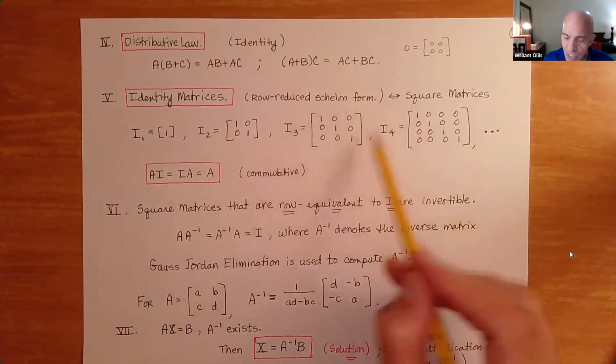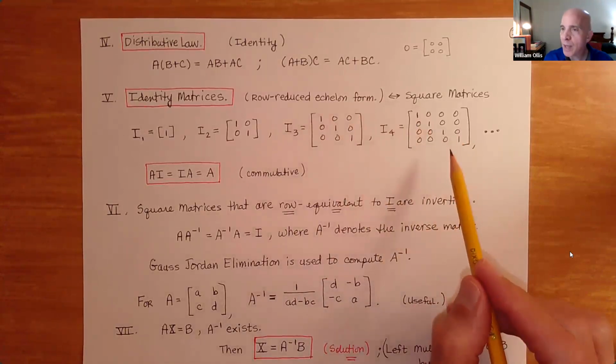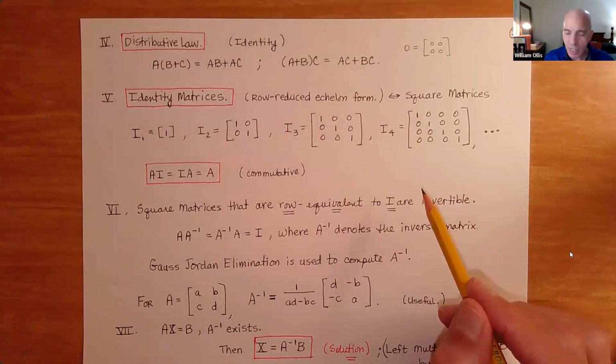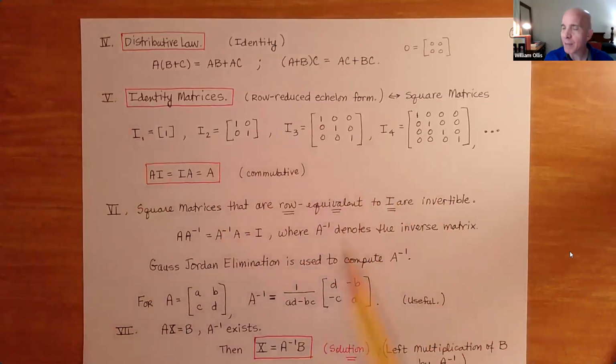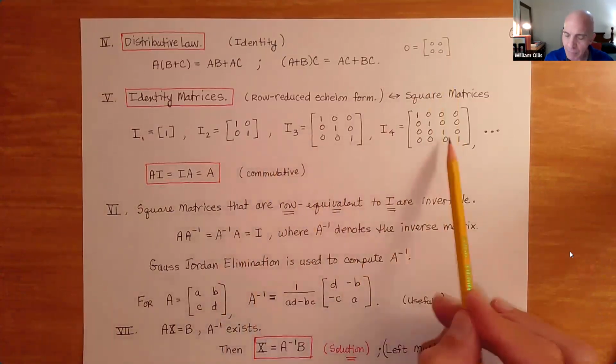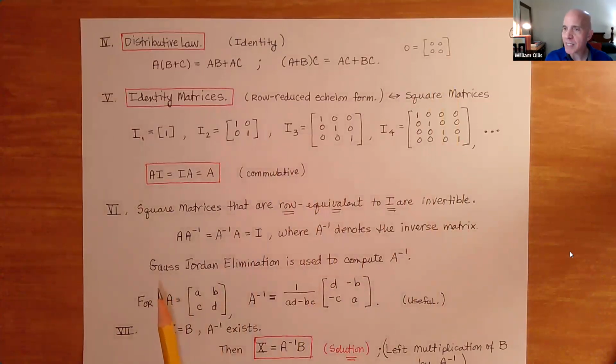So as you continue to work with matrix algebra, you will gain a better familiarity with the structure of the identity matrices. The 0 matrices are very easy, very simple to work with, but it will take a little bit of time to get accustomed to the identity matrices.